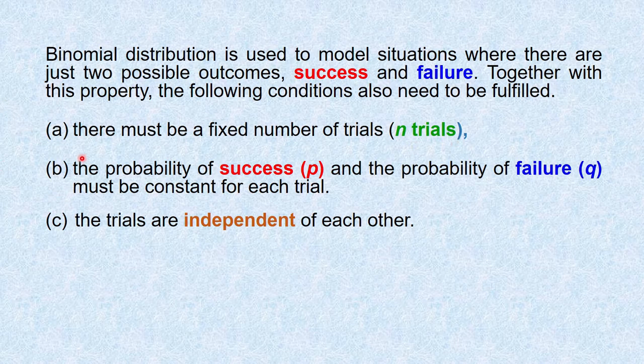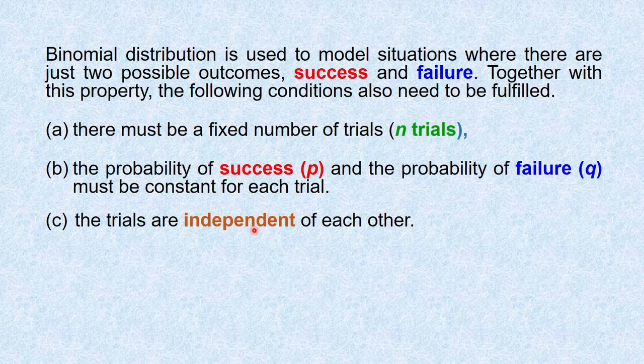B. The probability of success for each trial is P, and the probability of failure, that is Q, must be constant for each trial. C. The trials, the experiments, are independent of each other.